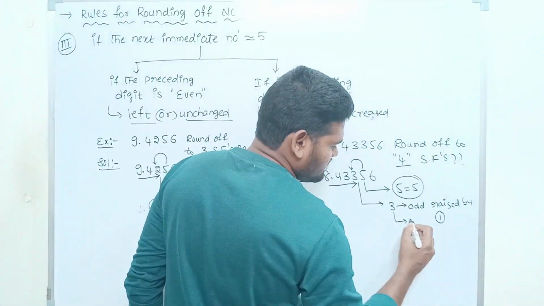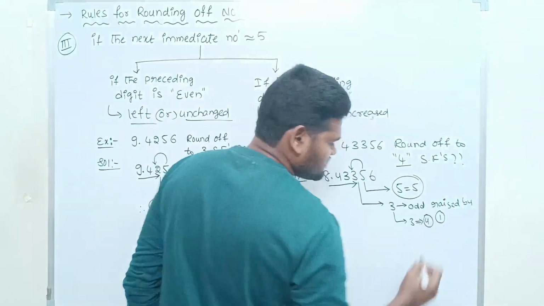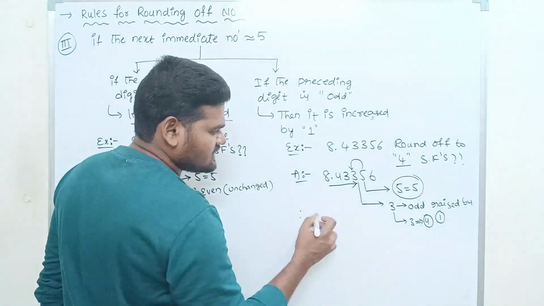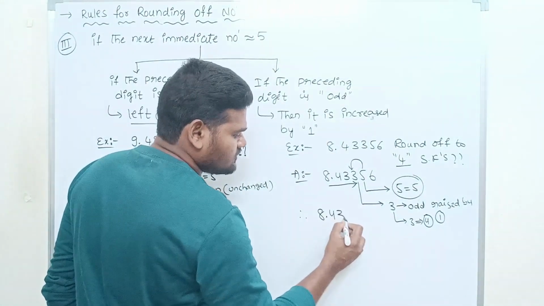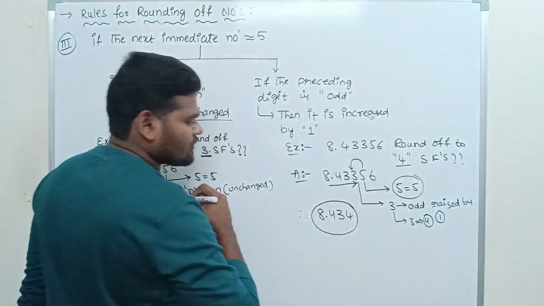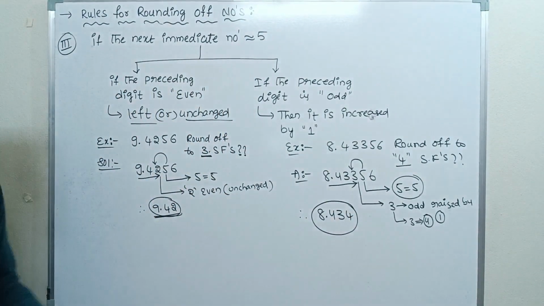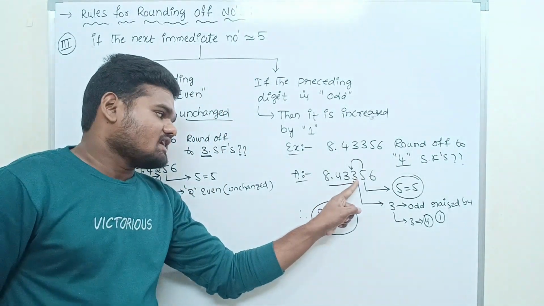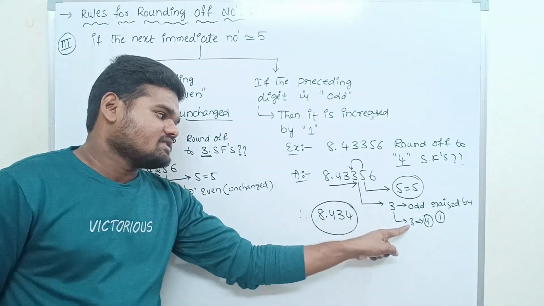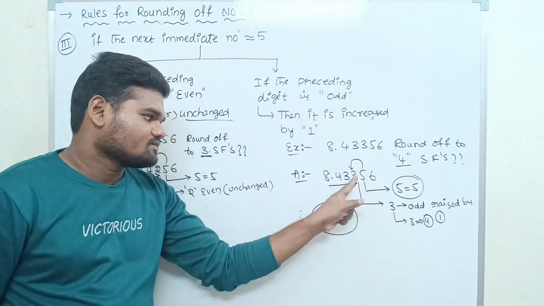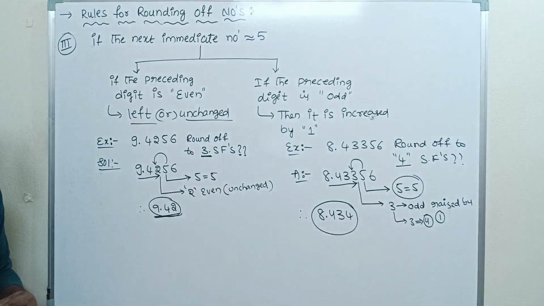That means 3 becomes 4. Therefore, our answer is 8.434, because the preceding digit is odd. If it is odd, then it is raised by 1. 3 becomes 4. Are you getting?